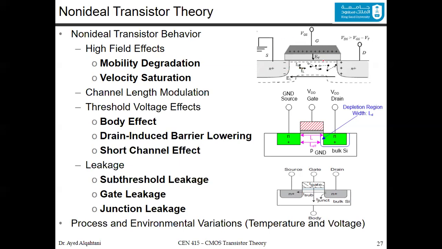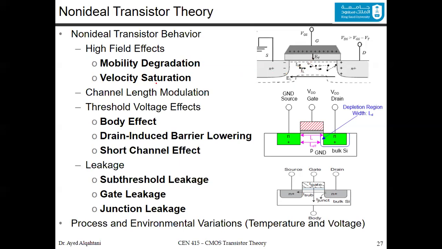For example, because you have a high electrical field, which is the lateral field here, EL, and also a vertical field, the EV, those electrons have collisions, they are slowed down, they hit the silicon oxide.